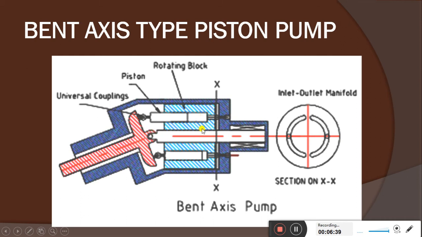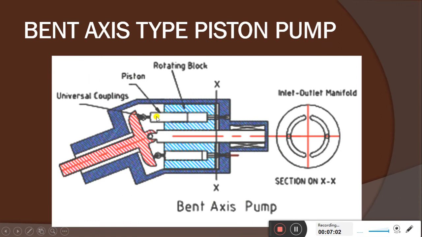This is the axis of the rotating drive, and this is the axis of the barrel. The barrel is rotating. In here no swash plate is used. Instead of a swash plate, the angling of the driving shaft is maintained. By that, the reciprocation of the piston takes place, and the suction and delivery can happen here. So you can see here, this is the rotating block or rotating barrel.